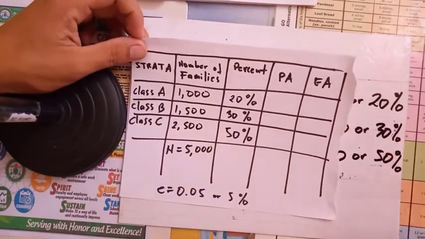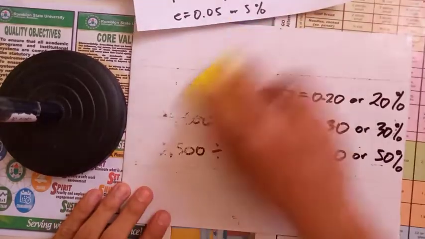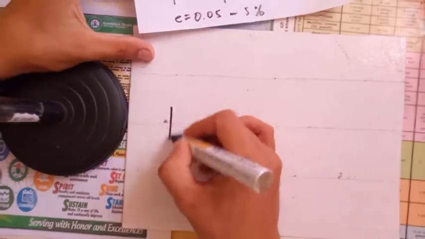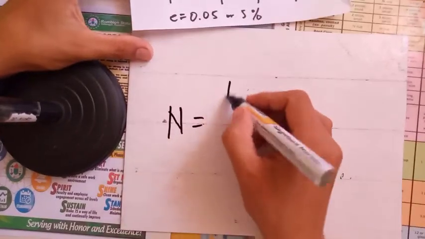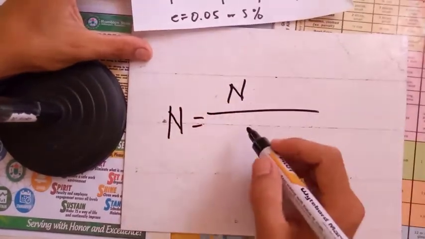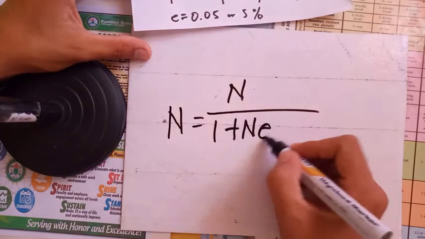The formula for the sample size would be little n equals capital N over 1 plus N E squared.